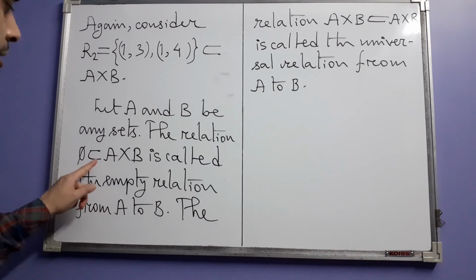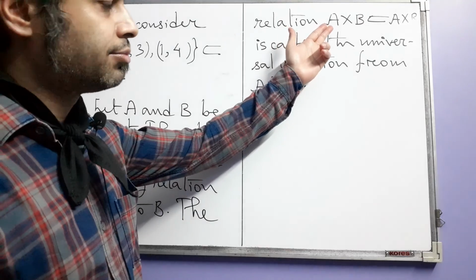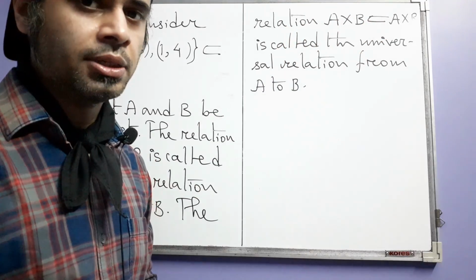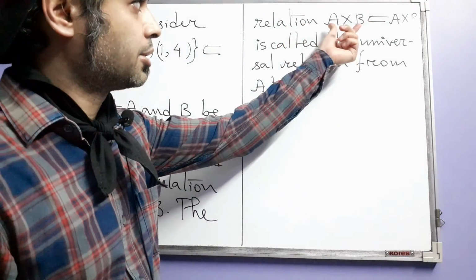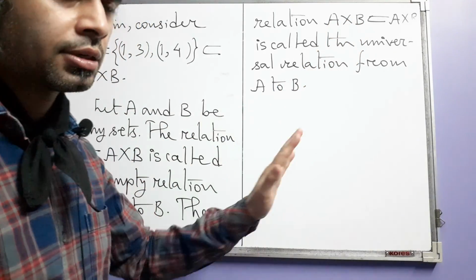The empty relation doesn't relate anything to anything. The universal relation relates every element of A to every element of B because any such ordered pair is an element of A times B by the definition of Cartesian product.